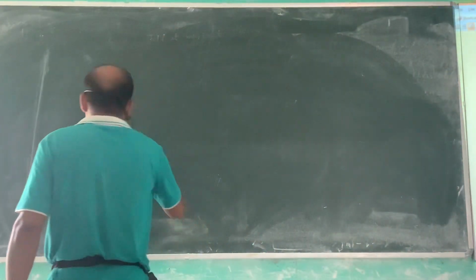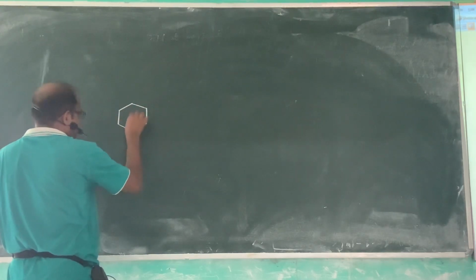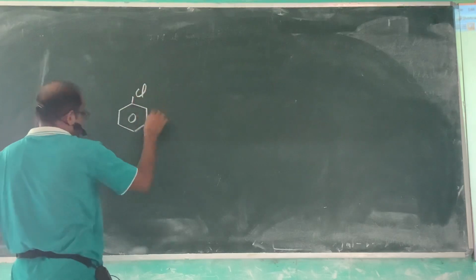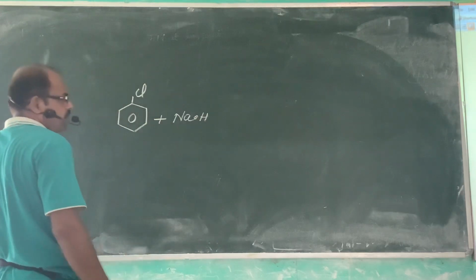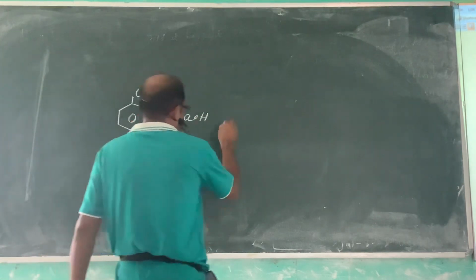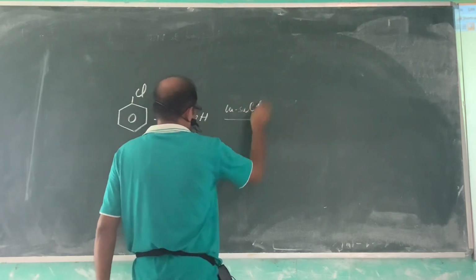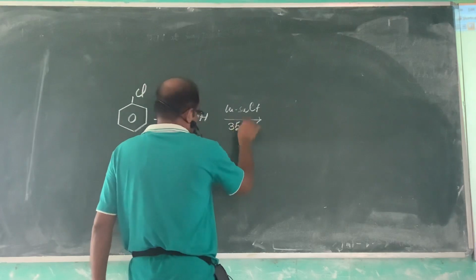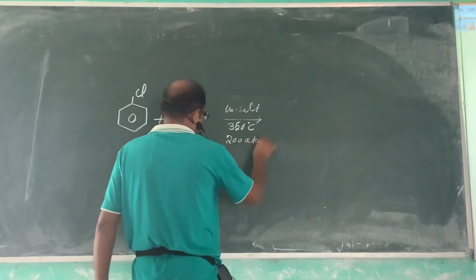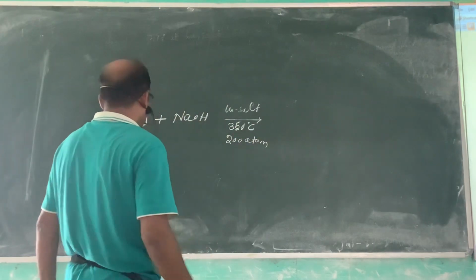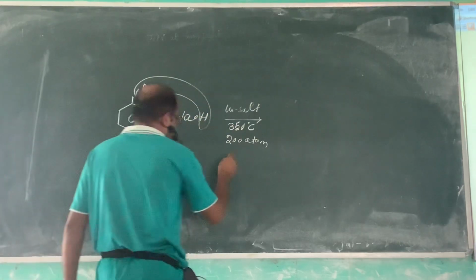This is the formula for chlorobenzene. When chlorobenzene reacts with sodium hydroxide solution in the presence of copper salt at 350 degrees Celsius and 200 atm pressure, then we get sodium phenoxide.